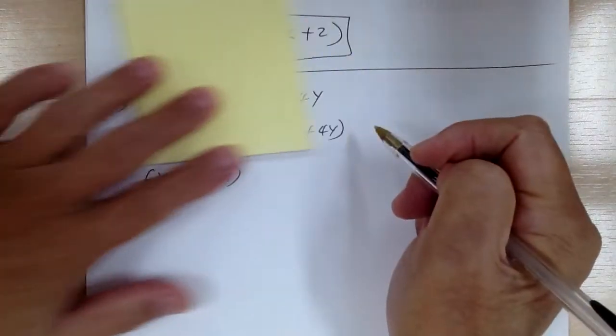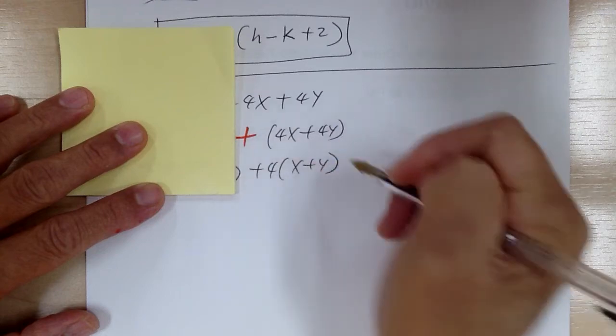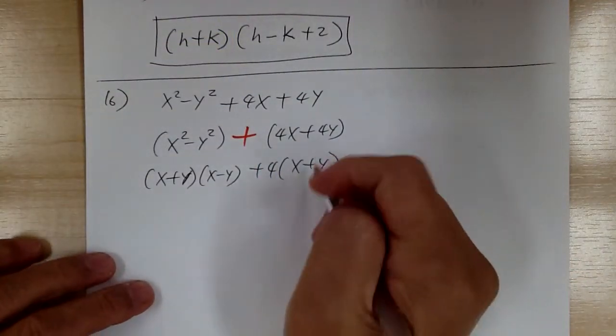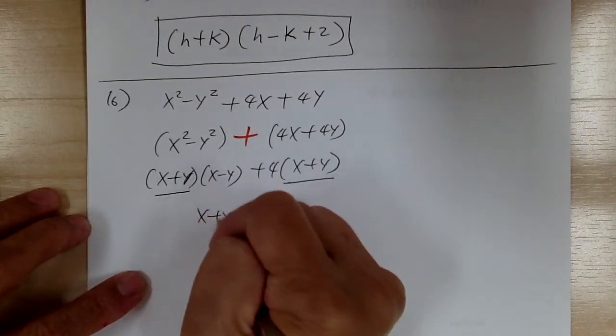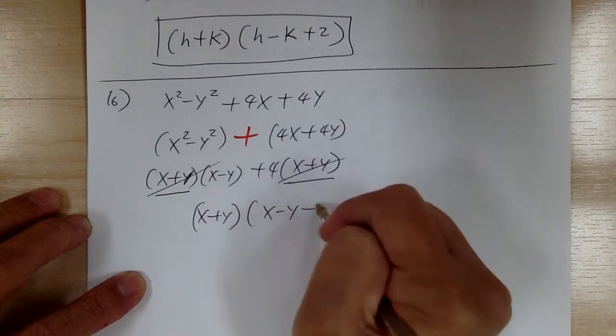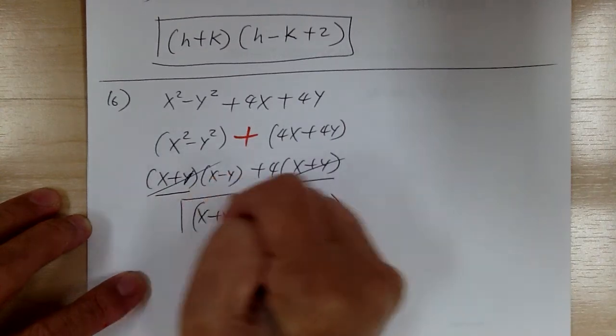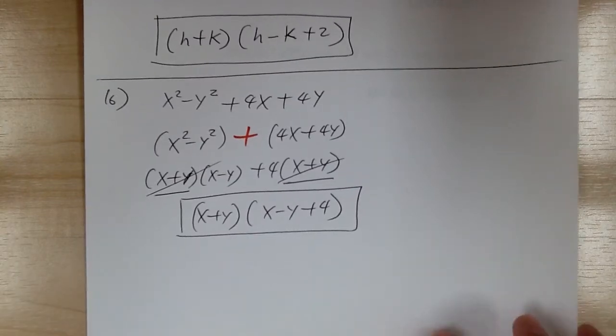The second half, you can factor out the 4, so you get x plus y. When you bring it together, you can factor out the x plus y. So this will be gone. Therefore, it will be x minus y plus 4. Okay, and that's it. Let's go to 17.